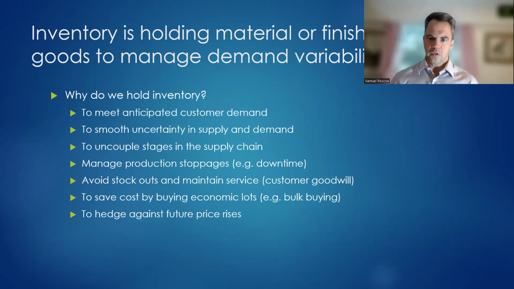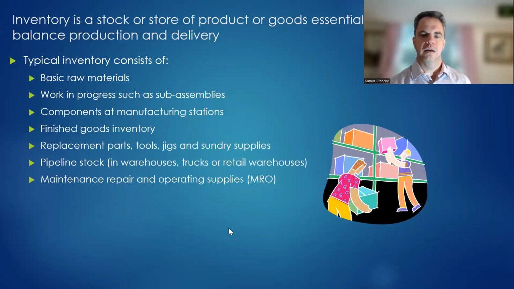Okay, so we find that companies are beginning to purchase more in advance and bring that inventory into their warehouses to hold it because the cost of buying it, in their opinion, is cheaper than the cost of holding it. Okay, and we'll talk a little bit about some of the trade-offs there.